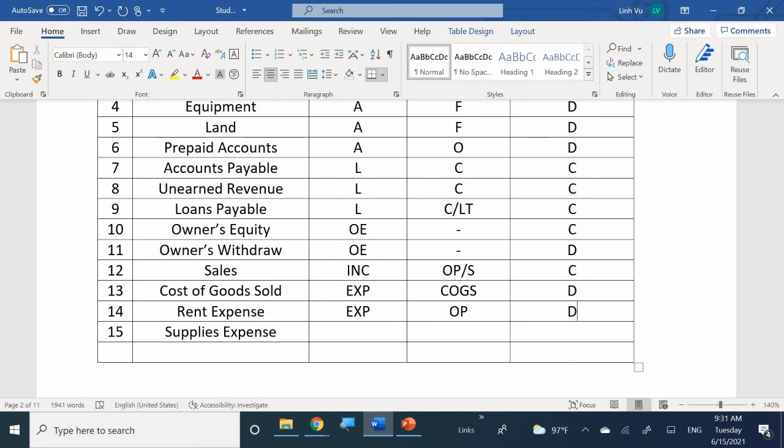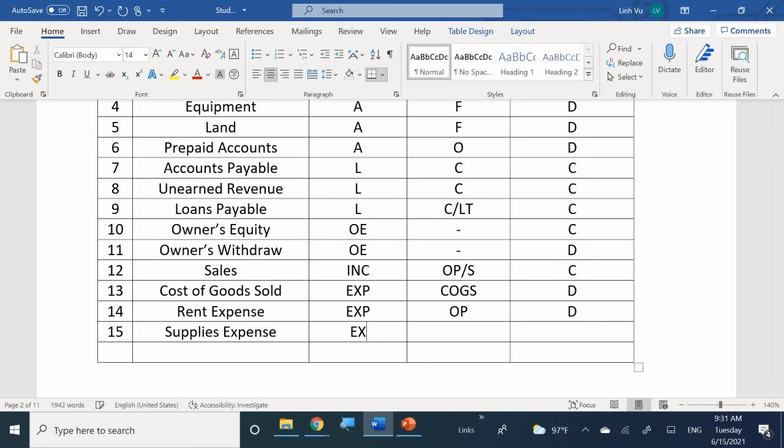Okay. Last but not least, supplies expense. When you use your supplies, you have to find some kind of way to represent that you used these supplies. Or in this case, you can also purchase the supplies as an expense if you're going to get rid of them or use them immediately. So it's an expense.